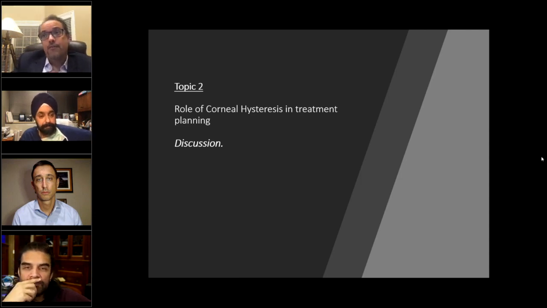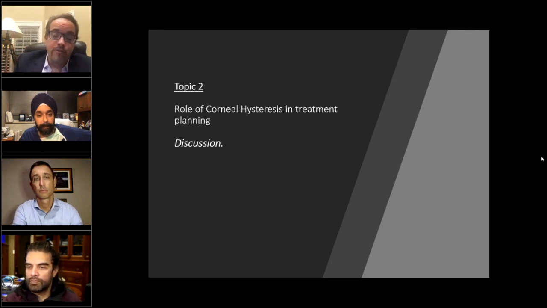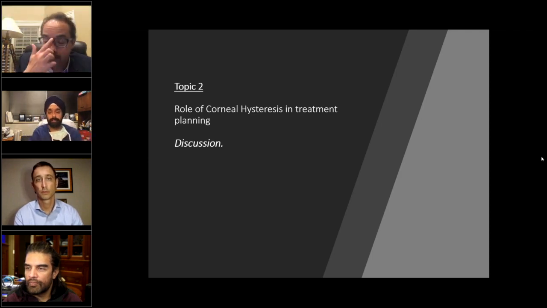If you think about a patient who has, let's say, a thick cornea and an overestimated Goldmann measurement, and you put that patient on medication, the pressure is not as high as you think. It's actually a lower pressure. So if the pressure is already lower, then the effect of medication ends up being smaller. So part of it is actually an artifact of the Goldmann pressure measurement.